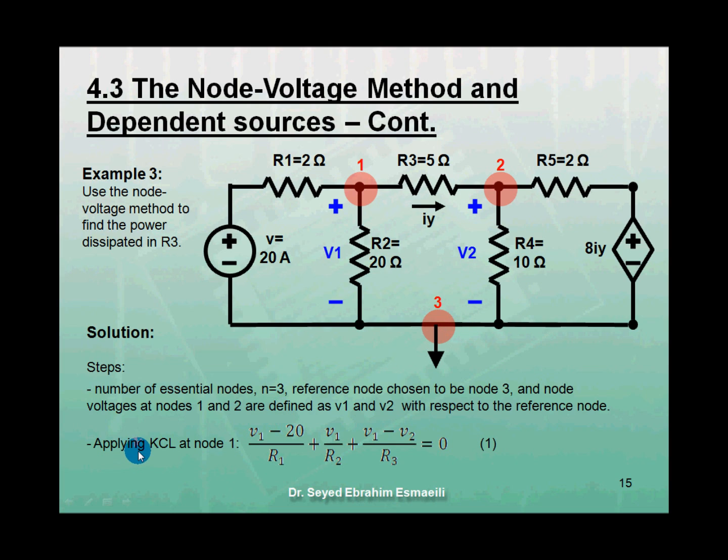By applying KCL at node 1, we get (V1 minus 20) over R1 plus V1 over R2 plus (V1 minus V2) over R3 equals 0. This is the first equation.